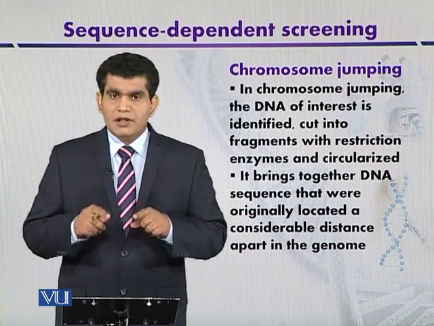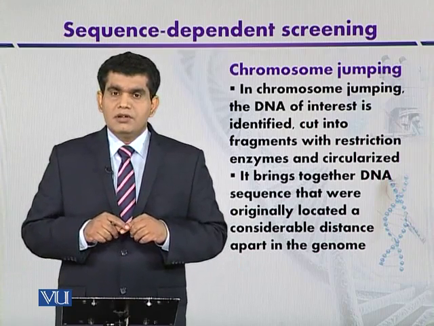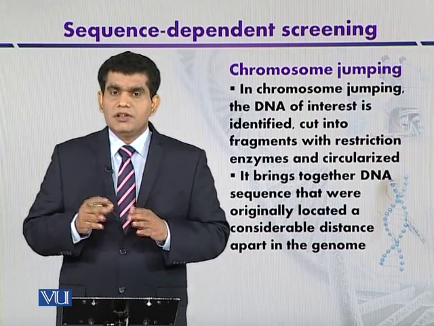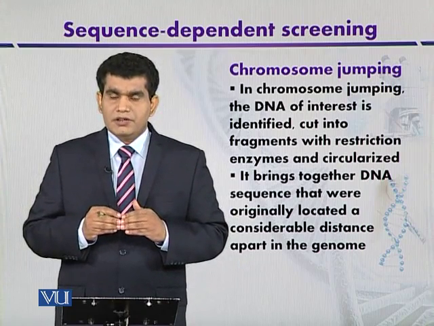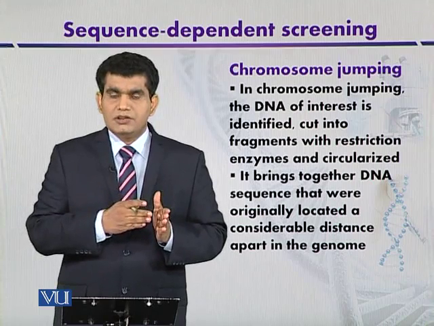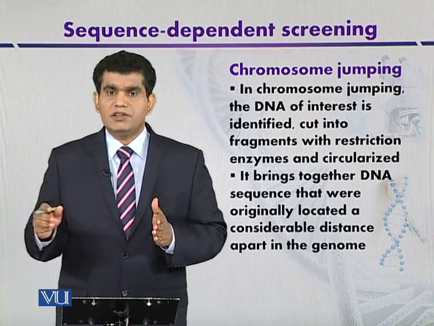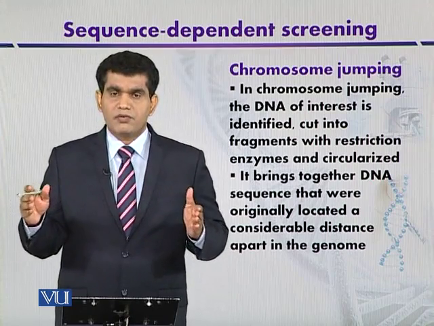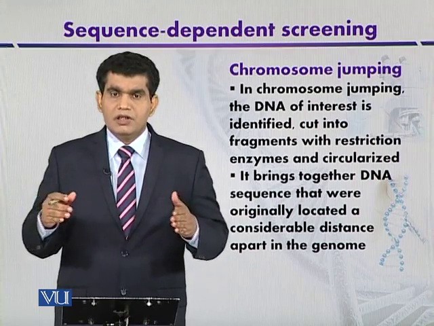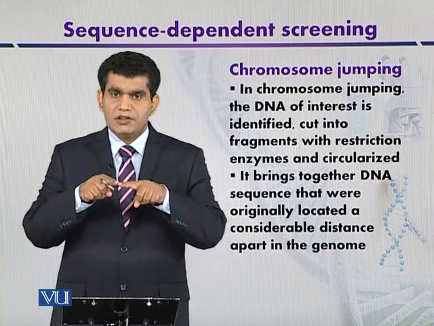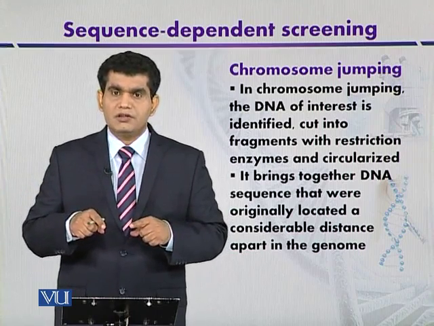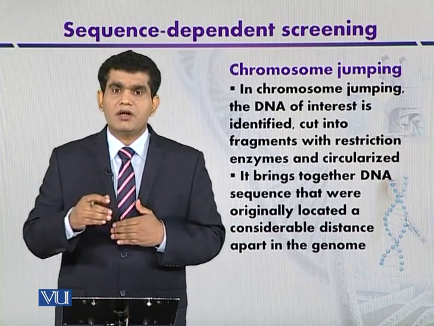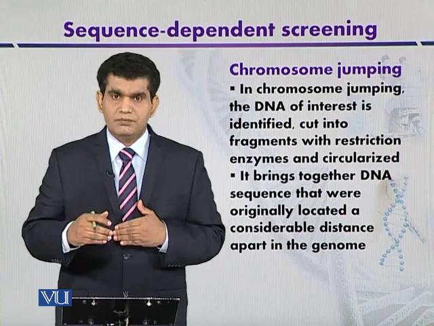And here the larger DNA fragments are circularized, so that the genes present at the ends, like X gene at one end and Y gene at the other end, which are far apart from each other, will come close to each other if we circularize the DNA.